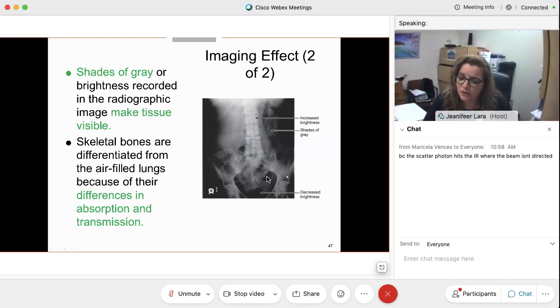We have bone, but you're looking at it and saying, wow, this is supposed to have photoelectric absorption. Why does this bone appear gray? What is giving it that gray appearance? That's the question on the table.